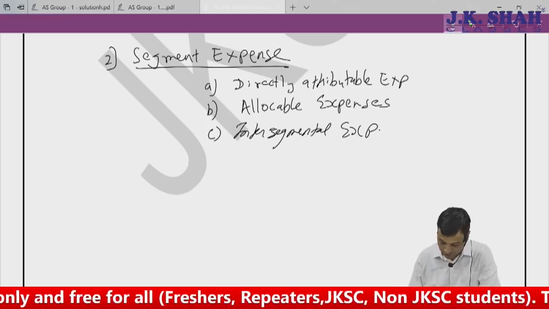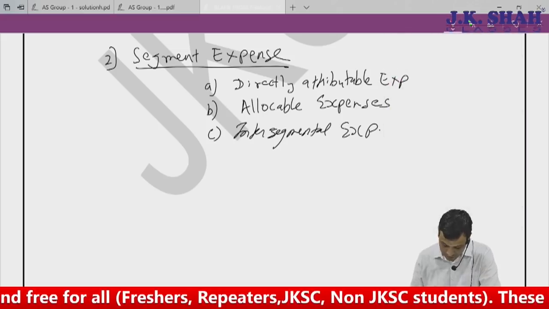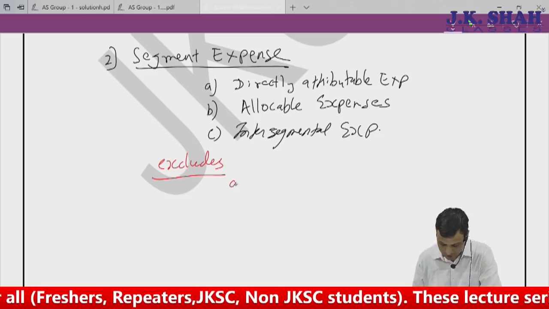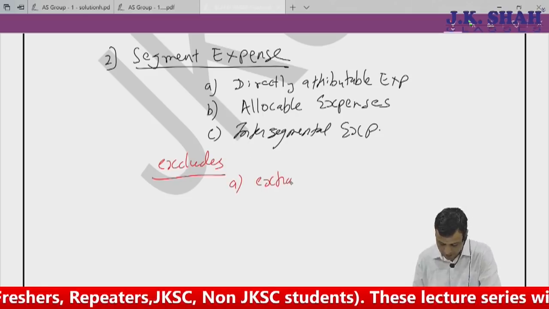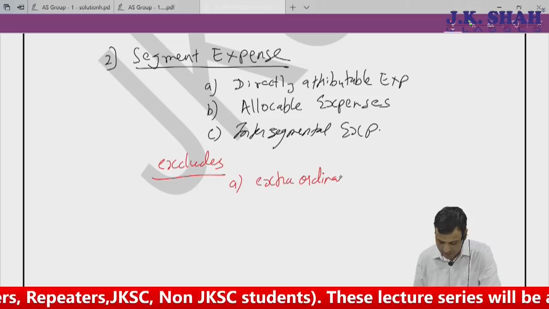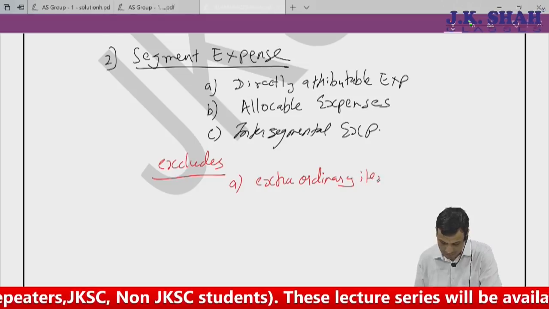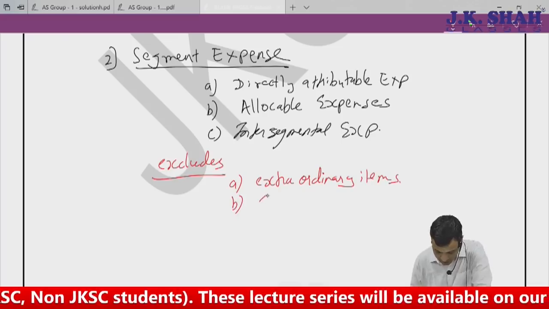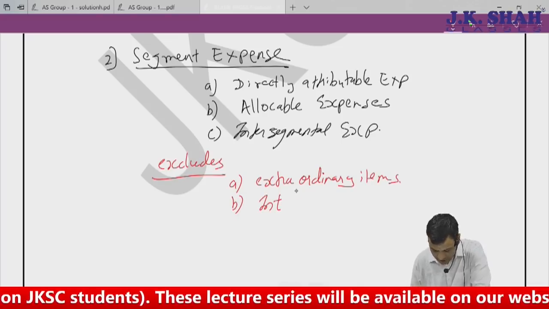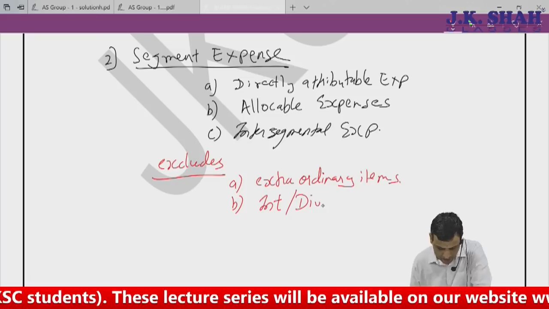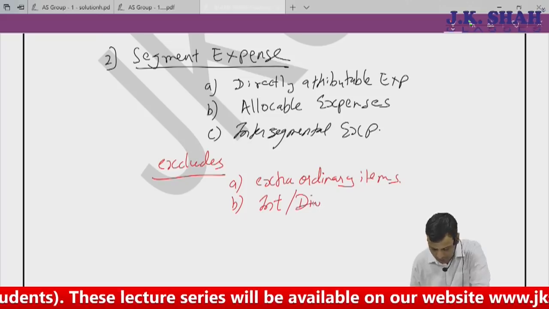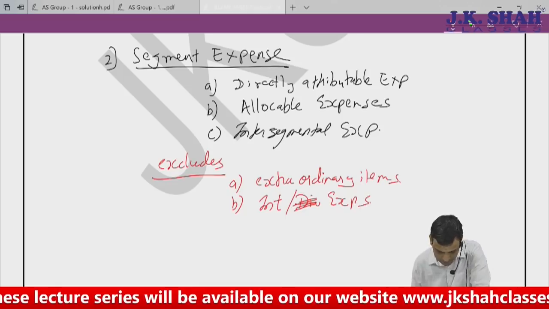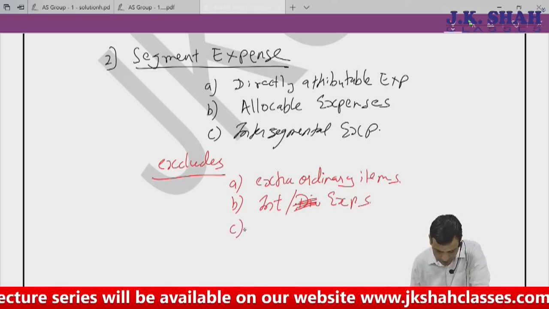But it excludes, same as before, extraordinary items, and interest and dividend. Of course dividend in any case doesn't come, but I'll just use the word; better is interest expense, provided it is not financial in nature.